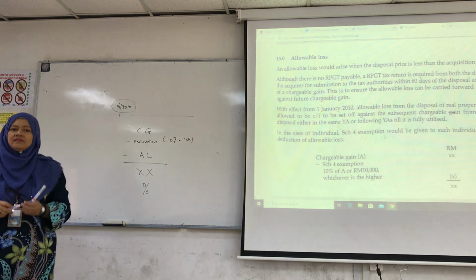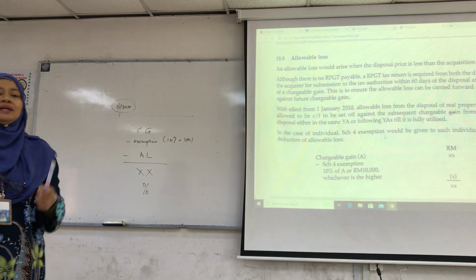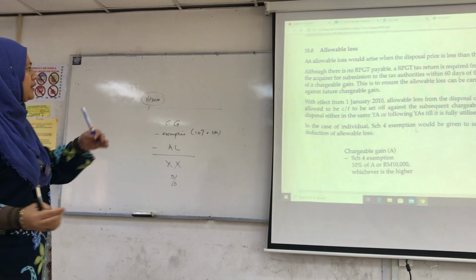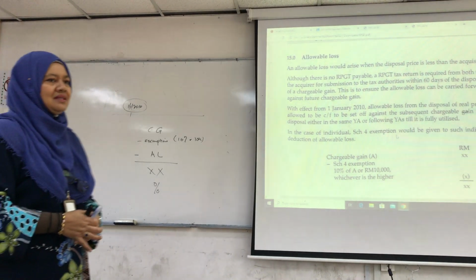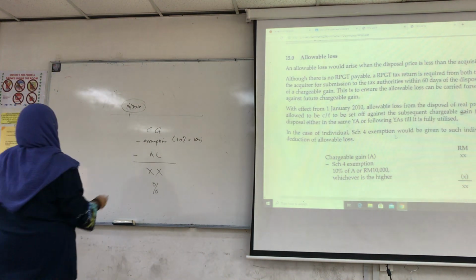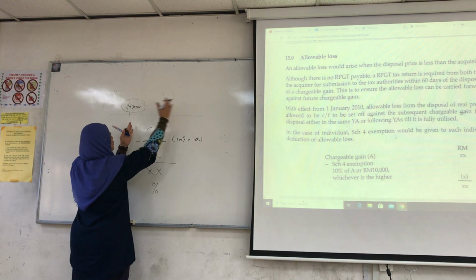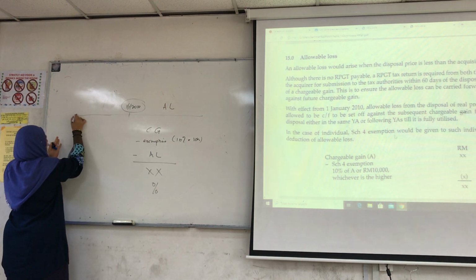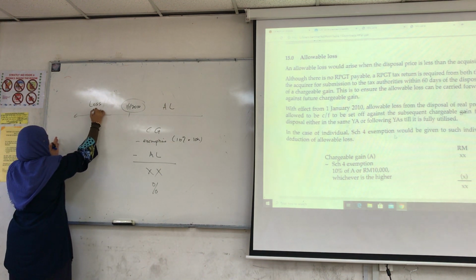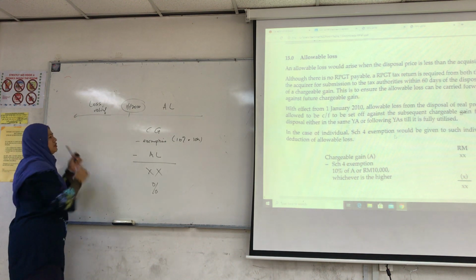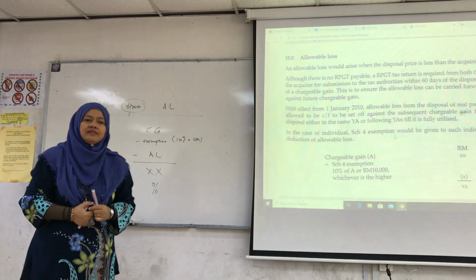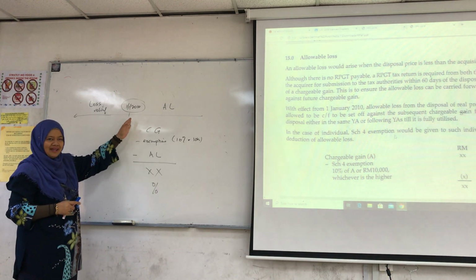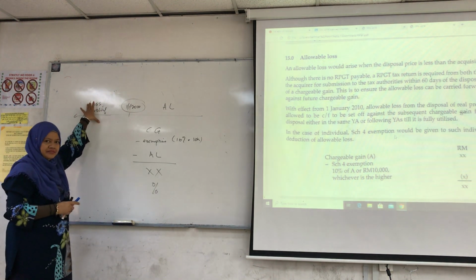Because that is the date of the change of tax law. So what happened prior to 2010? From 1st January 2010 onwards, we have allowable loss. But prior to that, we have what we call loss relief. Any disposal prior to 1st January 2010, you have a loss relief.